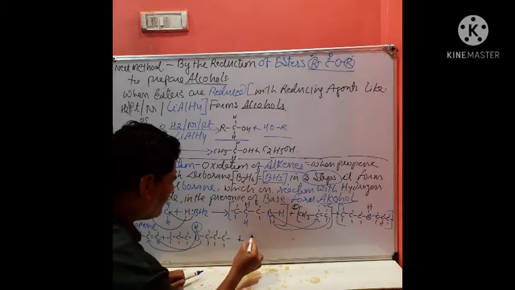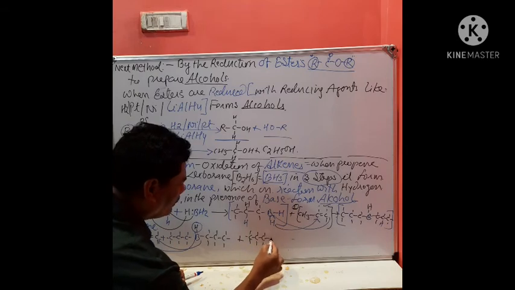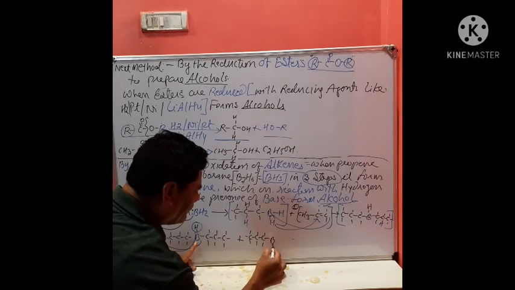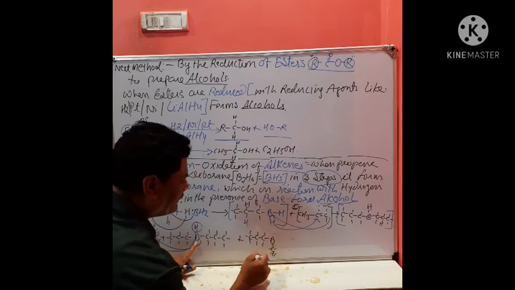Therefore, we will obtain CH3, CH2, CH2, now this one B, and with this again CH2, CH3.